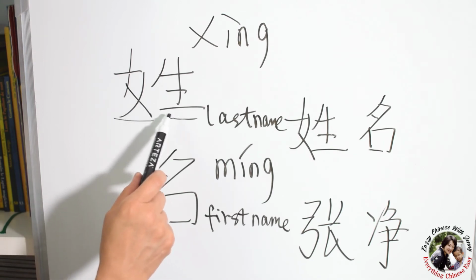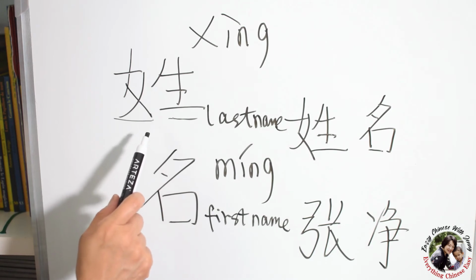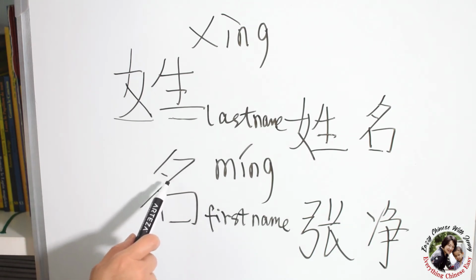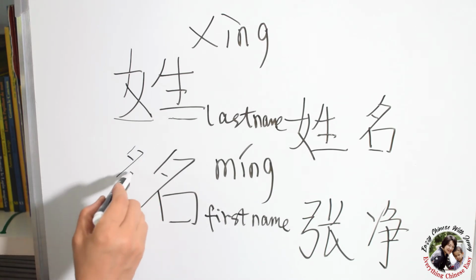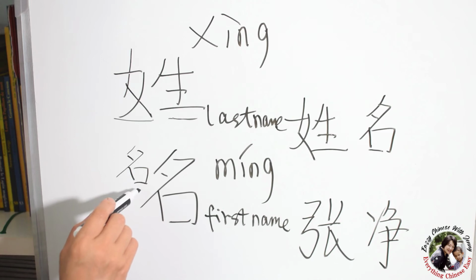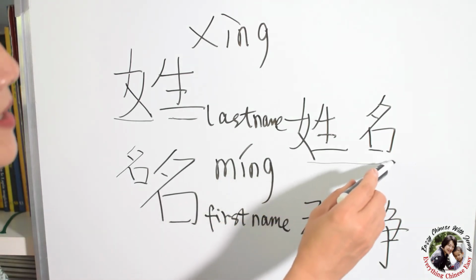Women gave birth. Together means last name, 姓. 明, remember this means evening. Plus a mouth below means your first name. 姓名, together your whole name.